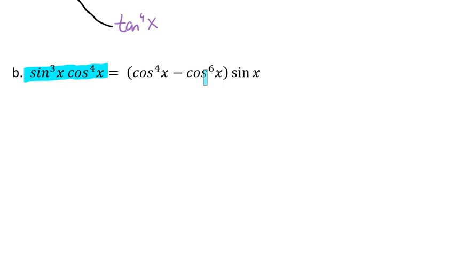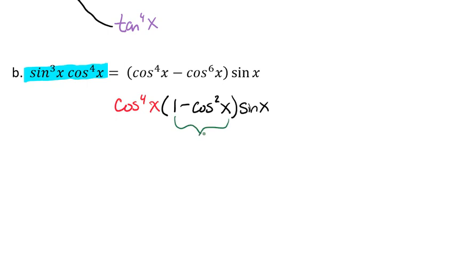So again, both this cosine term and this cosine term have at least a fourth power. So we're going to factor out a cosine to the fourth power of x, which is going to give us a 1 minus a cosine squared of x times the sine of x.